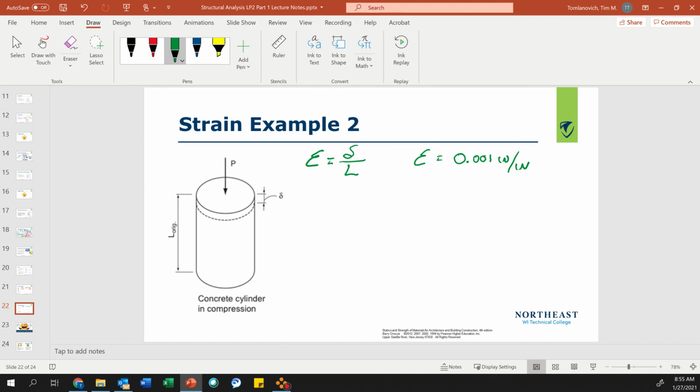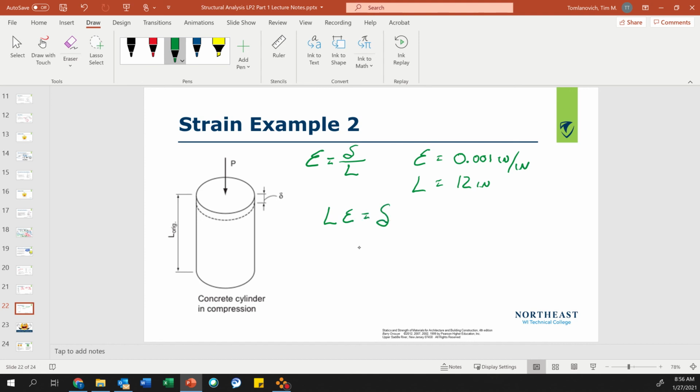Concrete cylinder in compression. The original length of my cylinder is 12 inches. I want to know the deformation of that cylinder. So I can take length times epsilon, and that'll give me my deformation.